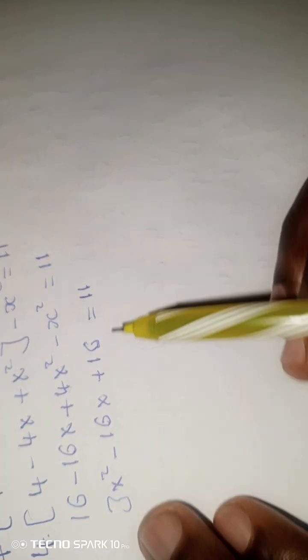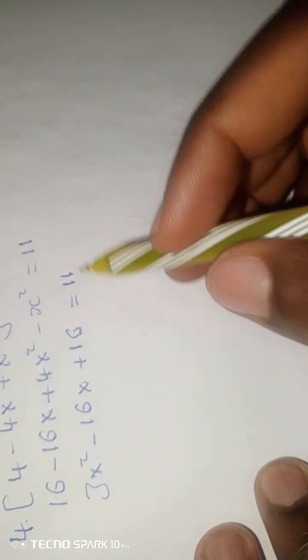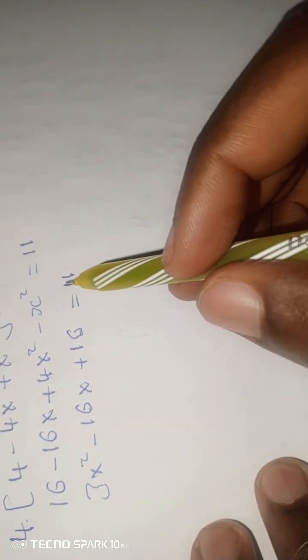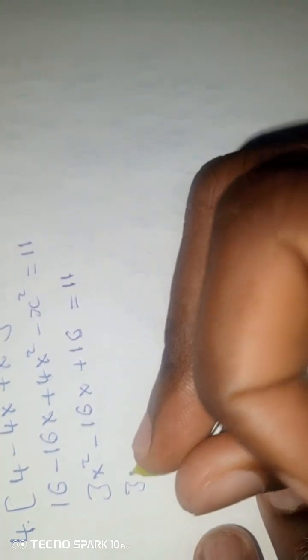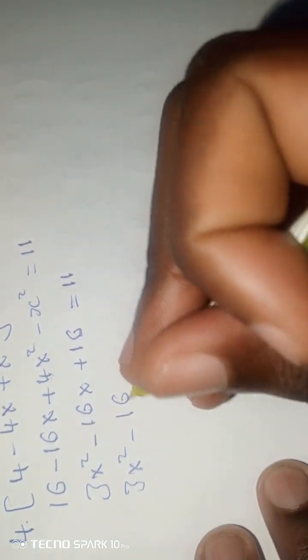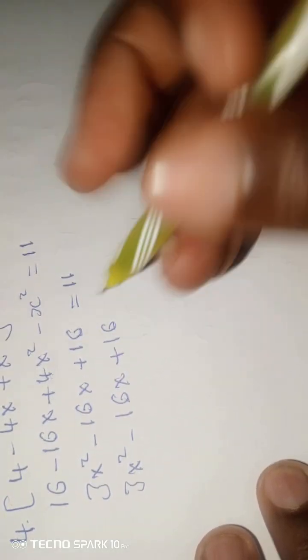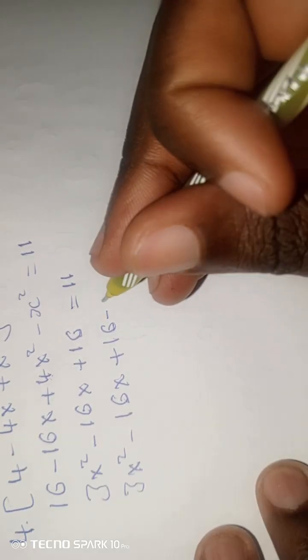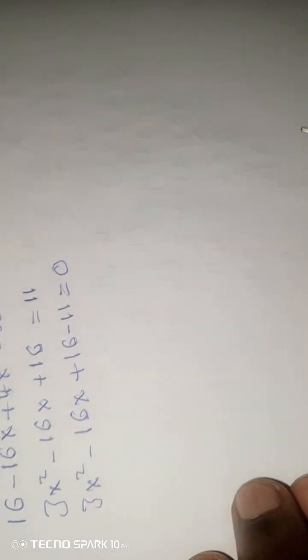The reason why I've done this is that I want to arrange it in a quadratic equation. So I'll take this 11 to this side, so it will be 3x squared minus 16x plus 16, then minus 11 equals to 0.